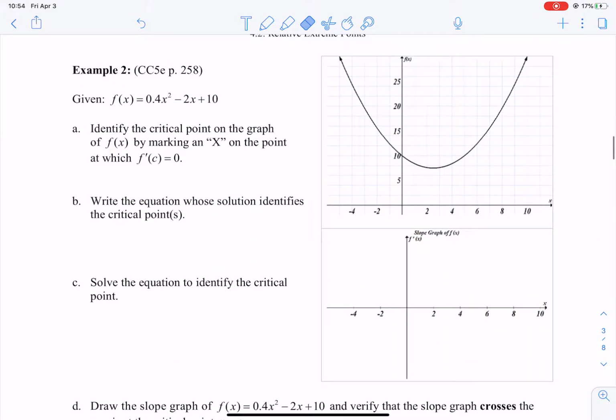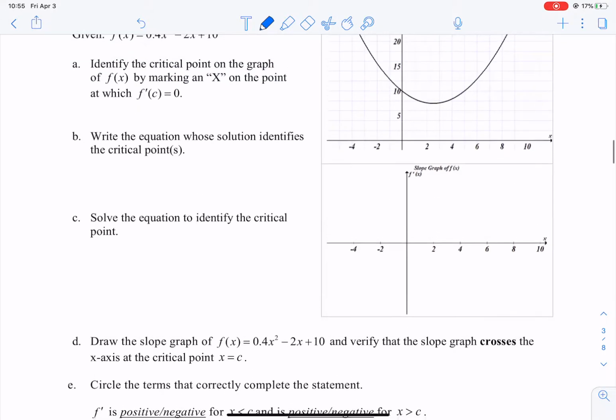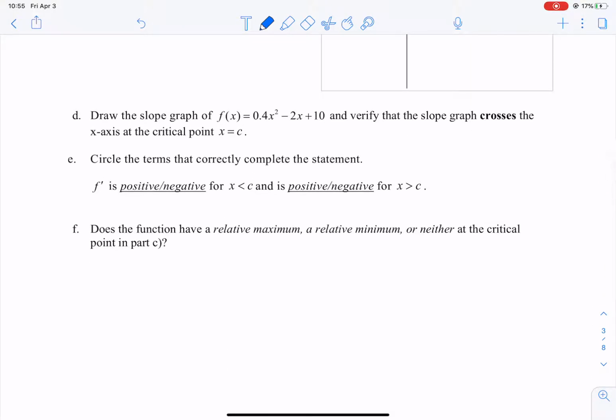So first, let's finish example 2. If you don't have your textbook, then this is the full part of example 2.